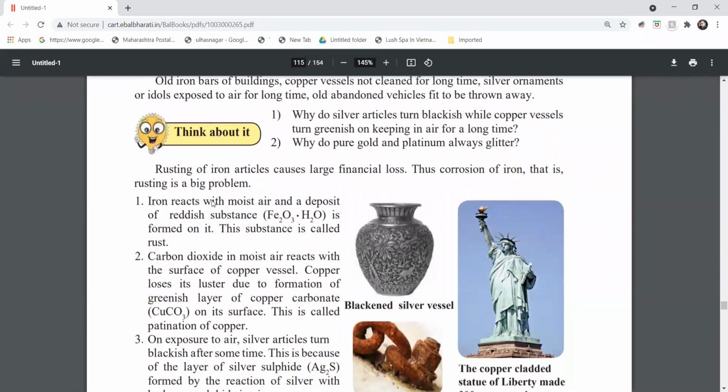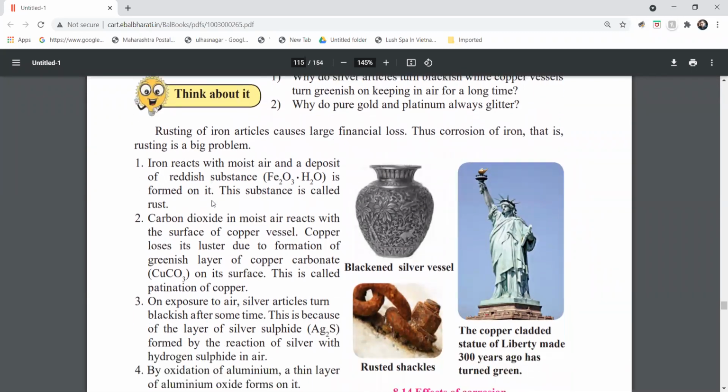Iron articles, when they get rusted, cause a large financial loss because you cannot always clean rust. Once the rusting has been done, you don't have an alternative. You have to change it. So how exactly does that happen, and what can we do to stop it?